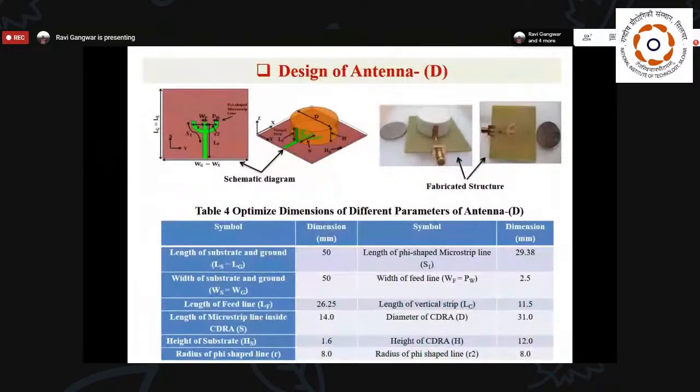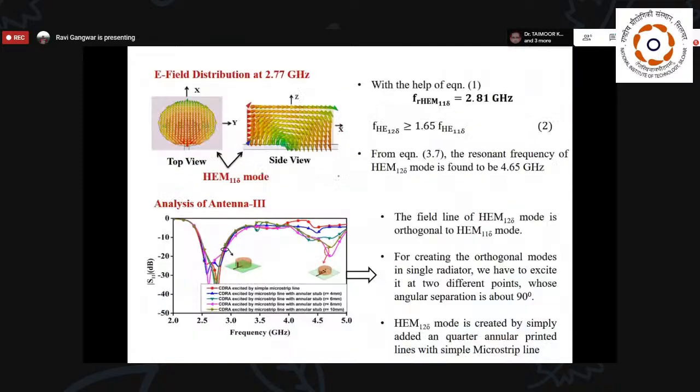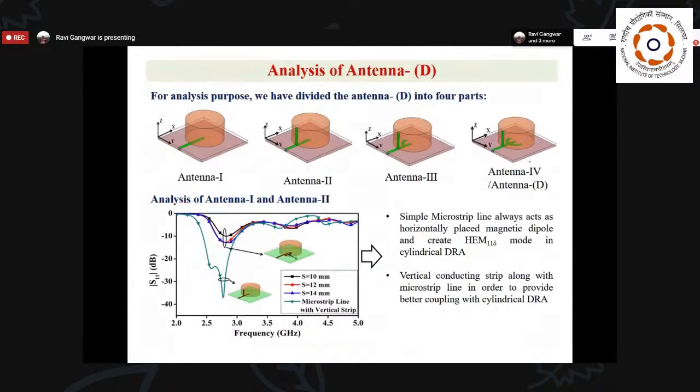Now the last design is antenna 4, where we use a similar kind of inspiration which we designed in the previous antenna. And here I have used this psi-shaped structure along with this conformal strip to generate different modes in the dielectric resonator antenna. So here you can see the basic designing procedure.